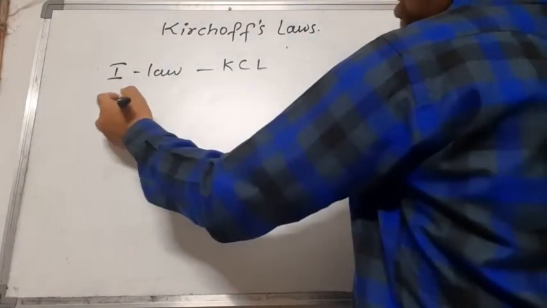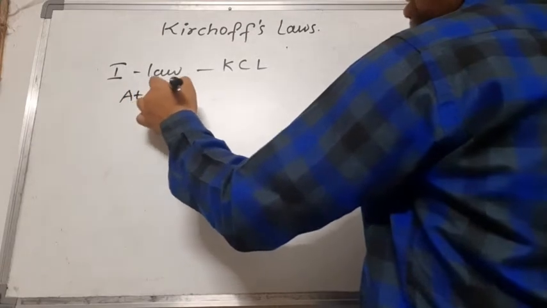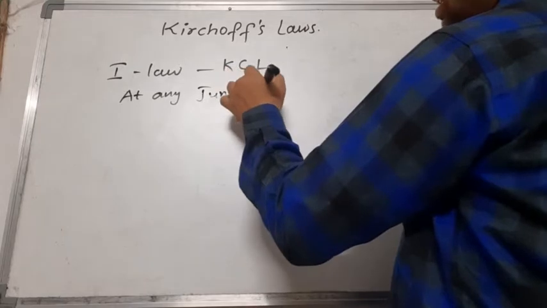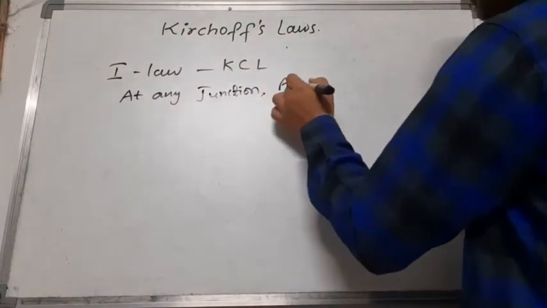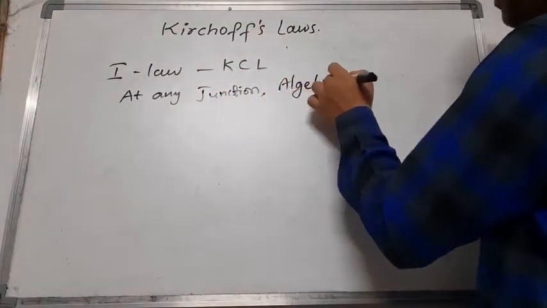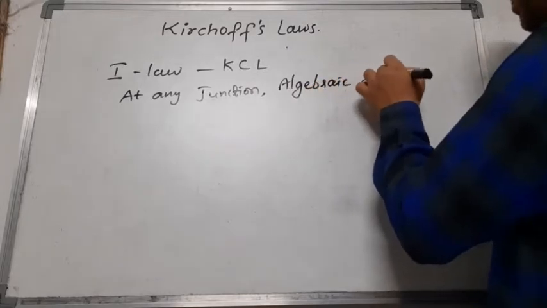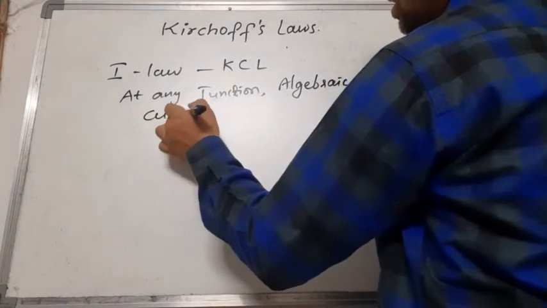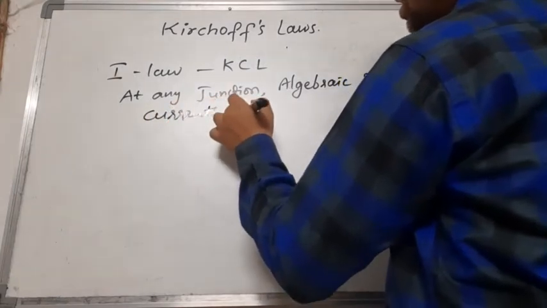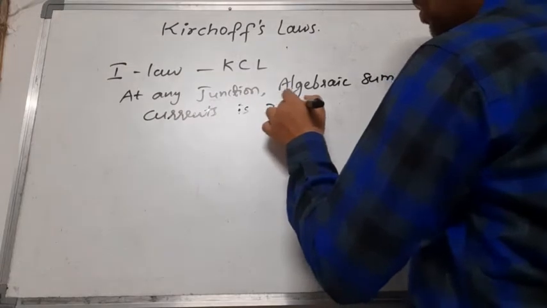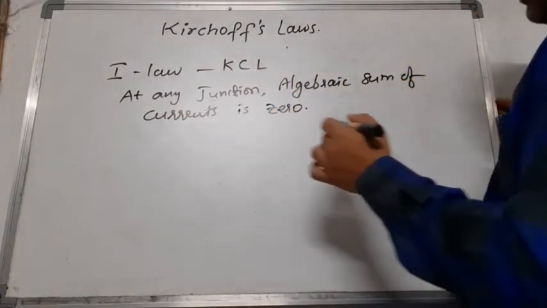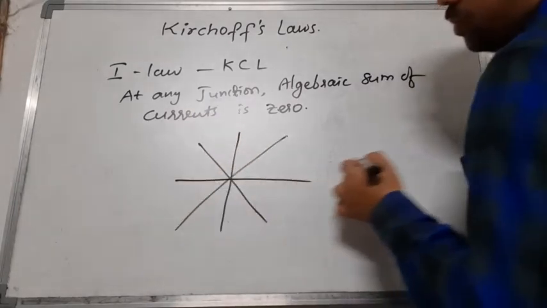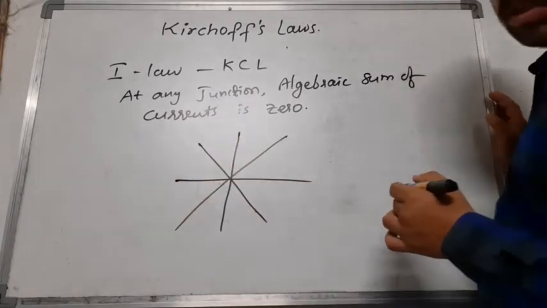What does it state? At any junction, the algebraic sum of currents is 0. That means suppose you take different circuits.